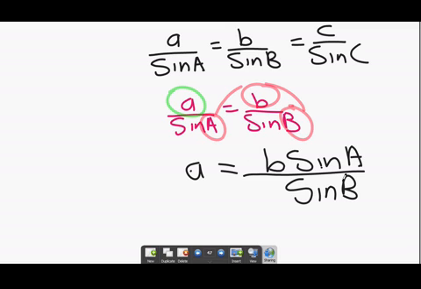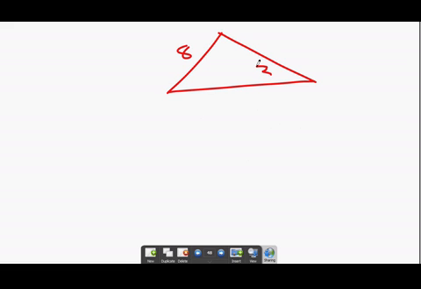So let me just show you what I'm saying. Suppose I'm given a triangle, and this is 8, this is 30, this is x, and this is 45. And somebody says, why don't you give us the value of the side x?